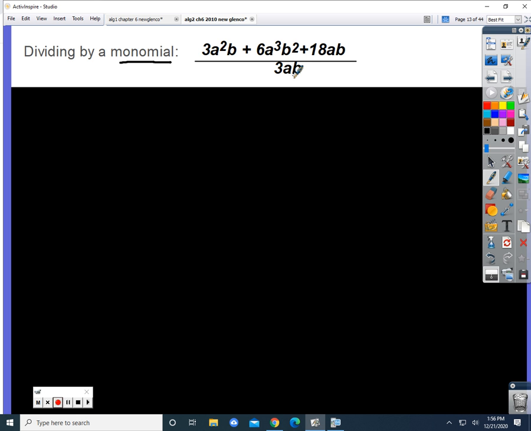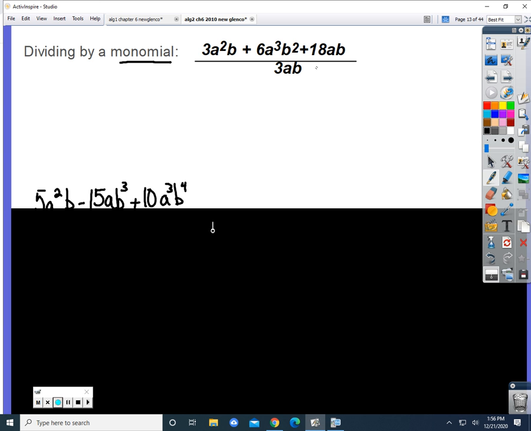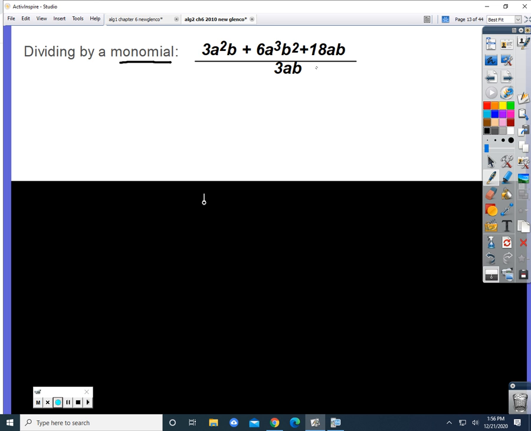You're going to separate this big fraction into three little fractions. And then you're going to reduce it like we would reduce back problems in 6-1. So let me show you what that looks like. So the first thing we want to do is take this and put it over 3ab.